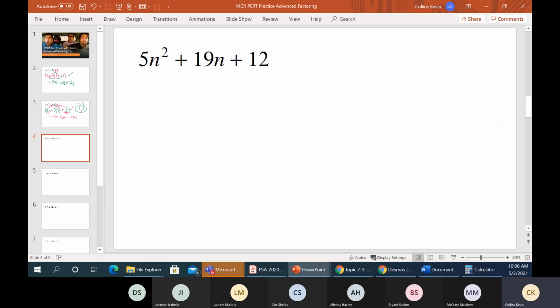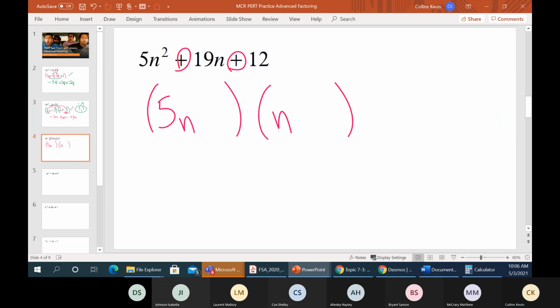Now we have an advantage on this one, and I'll tell you what it is here in a second. So we're going to go 5n and n. Notice here, we got a plus and a plus. Remember my old saying, plus and plus here means plus and plus here. Nice.